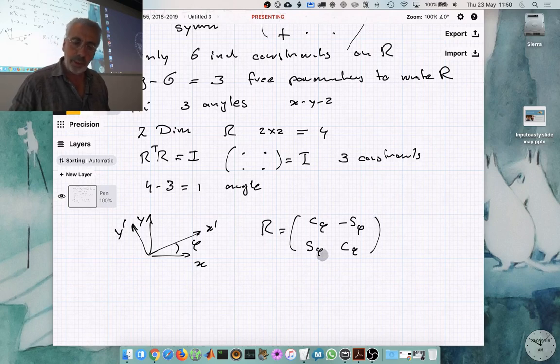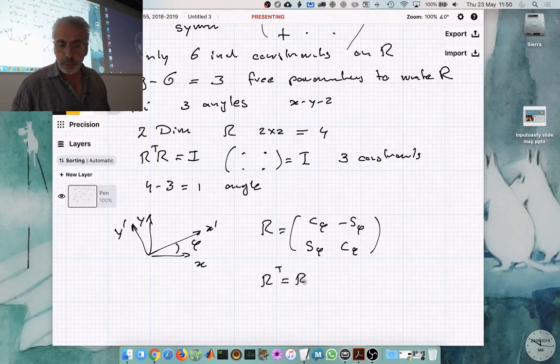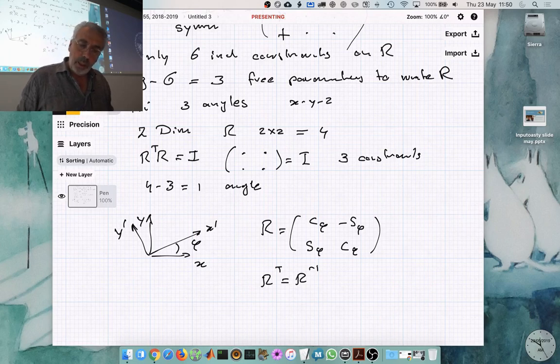Nice way, parameterized with 1 parameter, that's a rotation matrix. By the way, you can easily see now also that the transpose is equal to the inverse. You can easily see that on this simple 2 by 2 problem. Okay, now here we would say the 3 angles about the 3 axes.